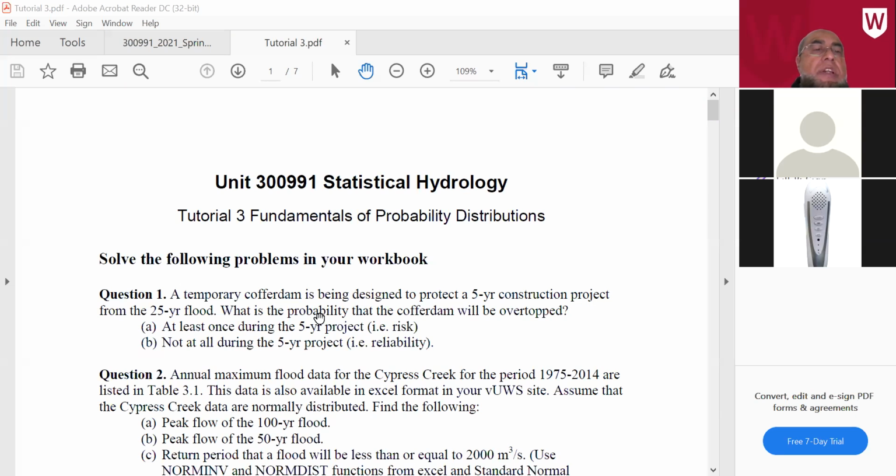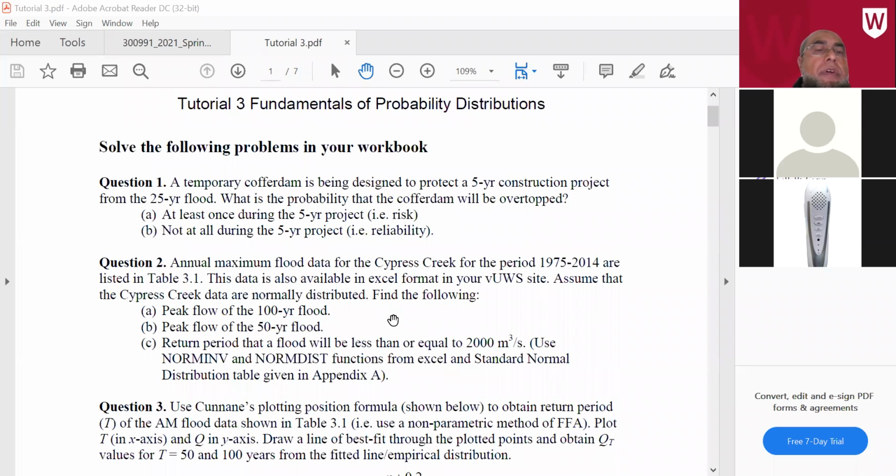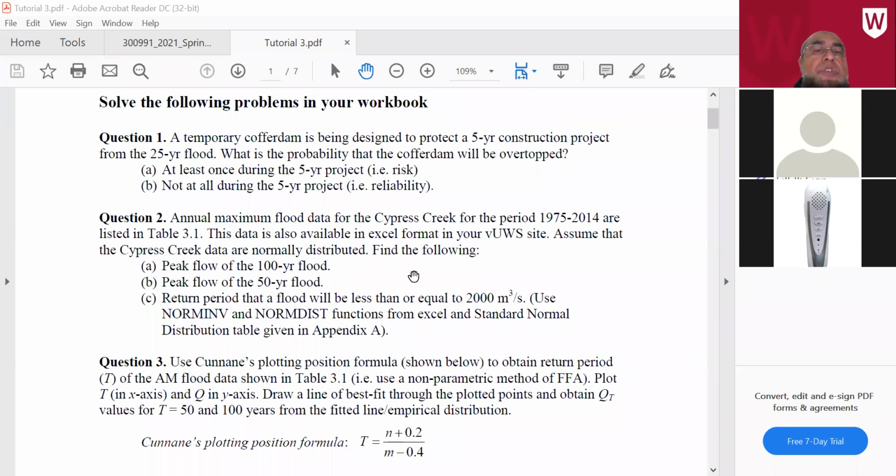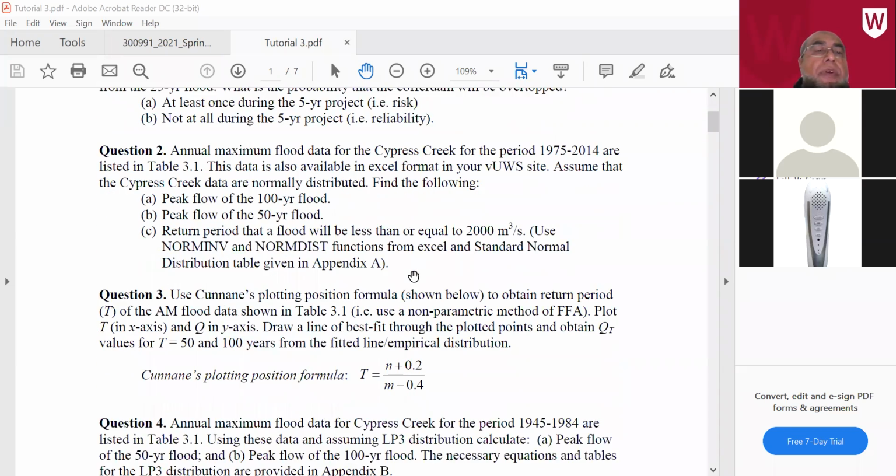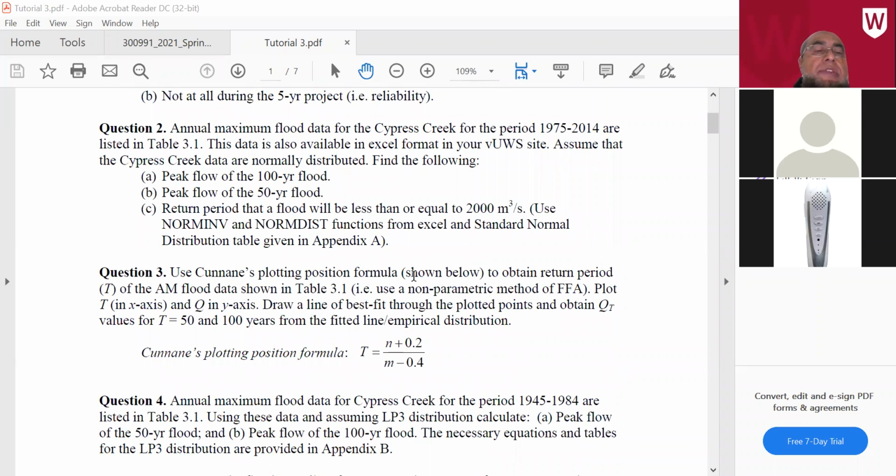The first question is based on reliability and risk. Second question is estimation of 100-year and 50-year flood using normal distribution. Third question is plotting position and non-parametric distribution.